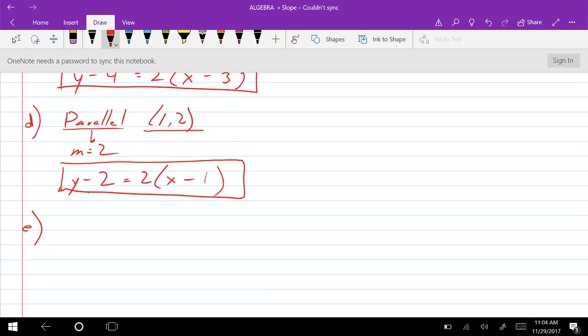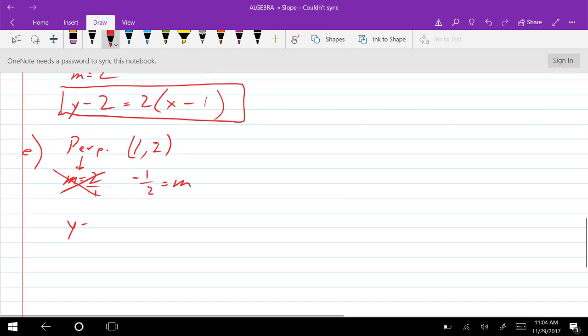Perpendicular for part E. But it also passes through (1, 2). Now, perpendicular. If my slope was 2, what I have to do to that is realize that that's like 2 over 1. Perpendicular is the opposite reciprocal. So what I do is I flip that to 1 over 2 and make it negative. That is my new slope.